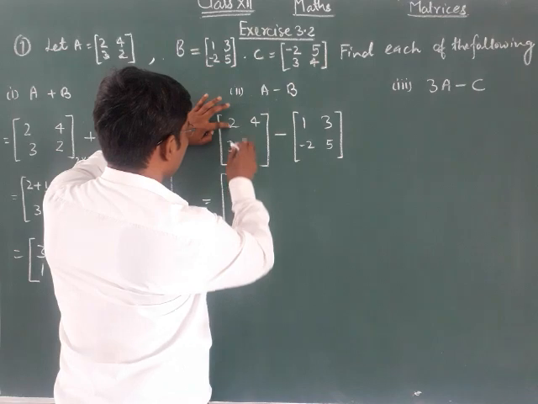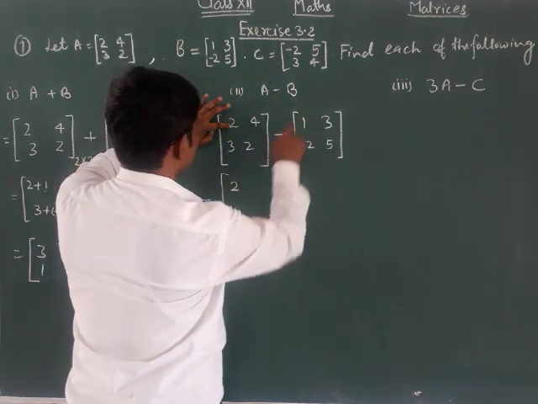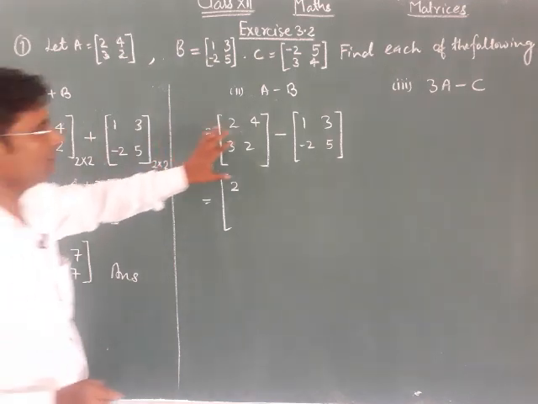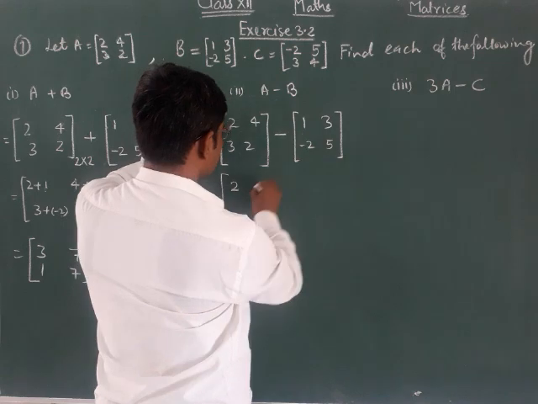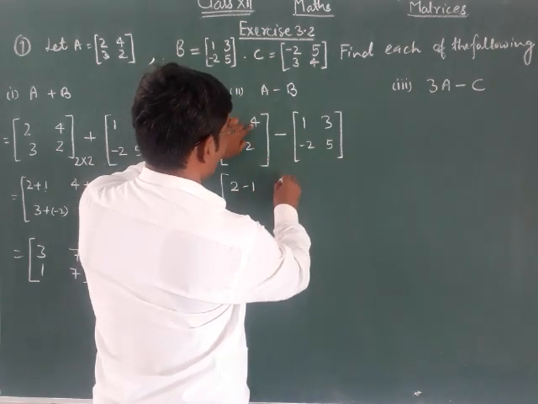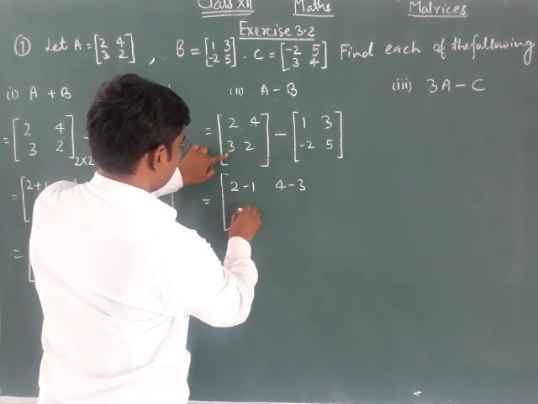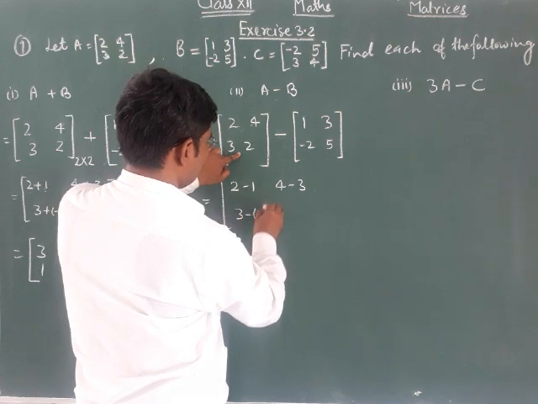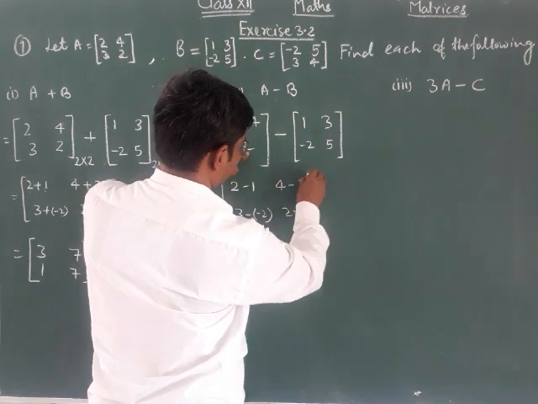So this is the new matrix, 2 with the sign minus 1, 4 with the sign minus 3, and so on. So 2 minus 1 and 4 minus 3, and also 3 minus minus 2, which gives plus, and 2 minus 5.